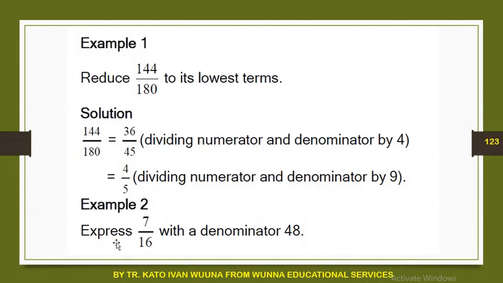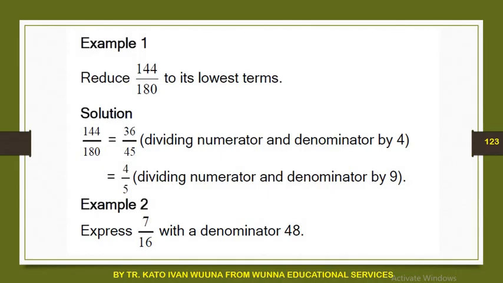If you want to get the answer, then divide what they want us to get by what we currently have. If we divide 48 by 16, what do you get? Then after getting that value is what we shall multiply down by the denominator and up by the numerator to get our new fraction that will have 48 as its denominator.